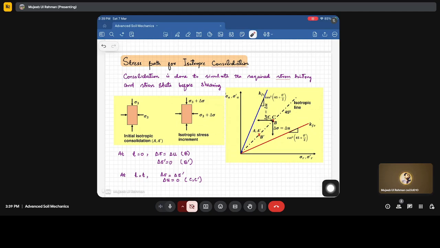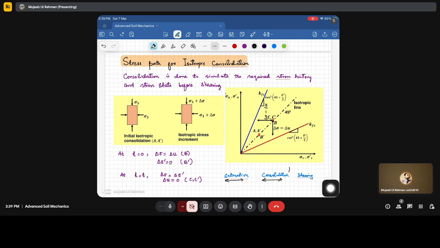If we talk about the different stages of the triaxial test, we first do the saturation stage, correct? We saturate the sample, then we have the consolidation, and then we shear. The question is, why do we need to perform these two stages?